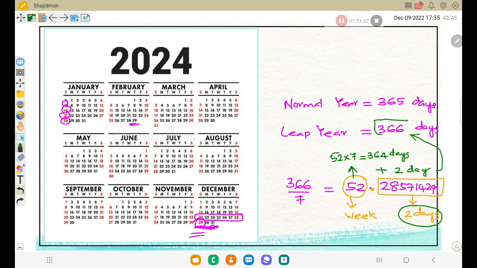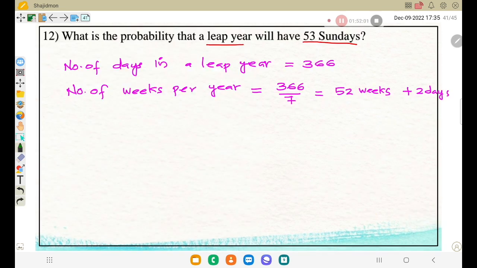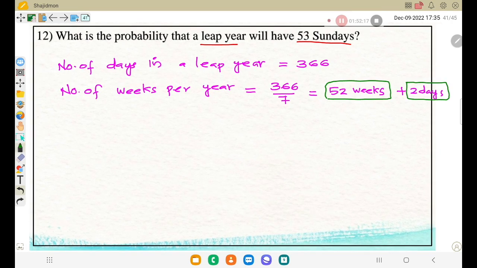That is what I wrote here: 52 weeks and 2 days extra. You will understand within a line or two why we are doing this. So the number of weeks per year means 52 weeks and 2 days extra.